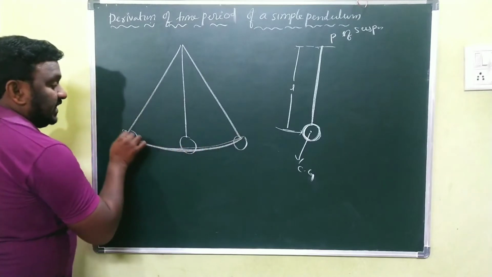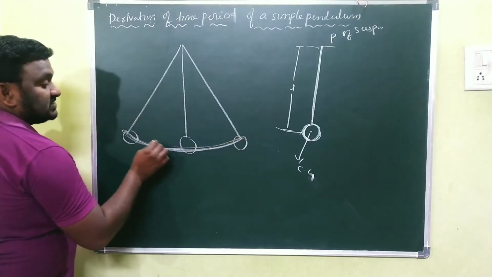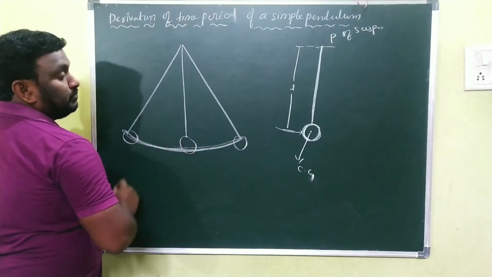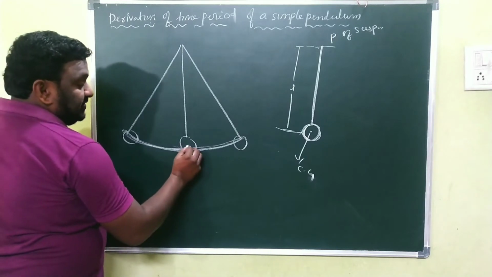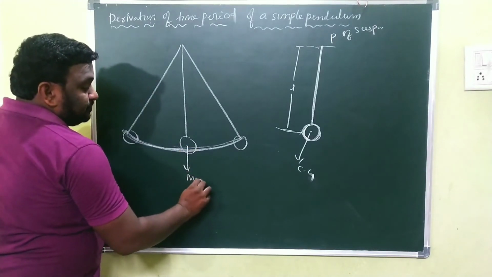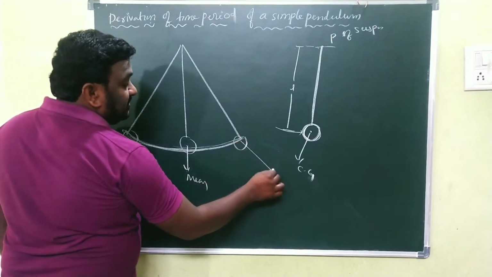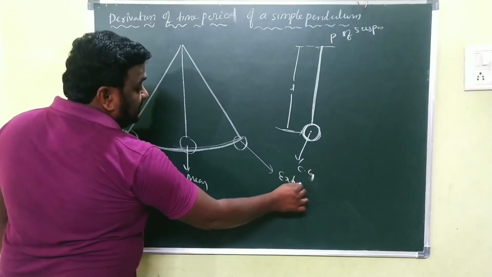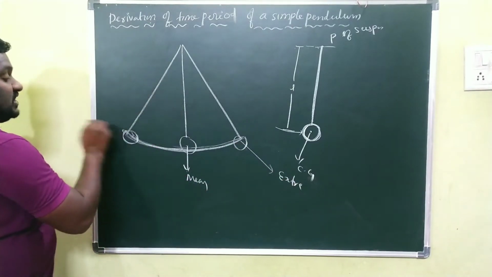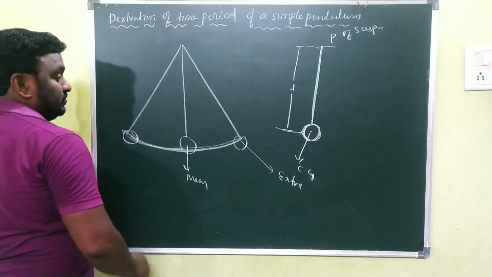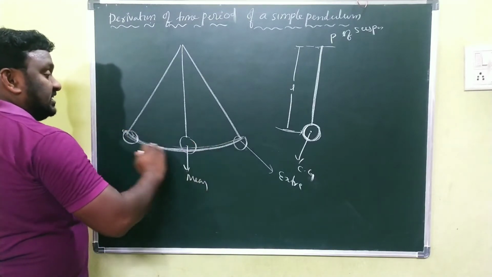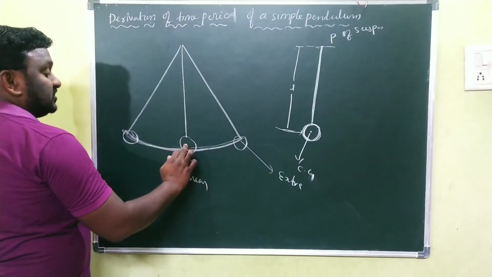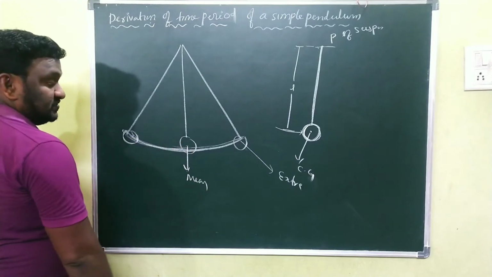Every time it crosses the mean position. This one is the mean position, and these are the extreme positions. When it makes oscillations, every time it crosses the mean position.